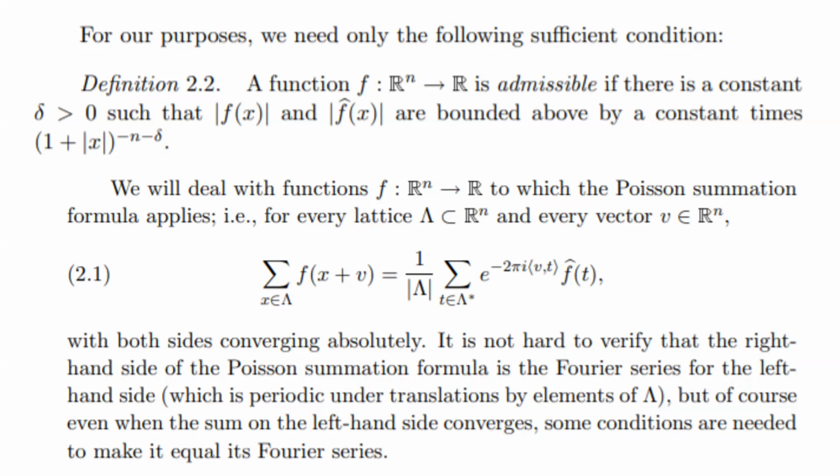Well, basically we just need something that is going to allow the Fourier transform to converge, certain sums of the function over the lattice to converge, infinite sums, certain infinite sums involving derivatives. And this is extremely similar to what we saw before. This is almost what we saw before. We have a negative n minus delta, where delta is something greater than 0.